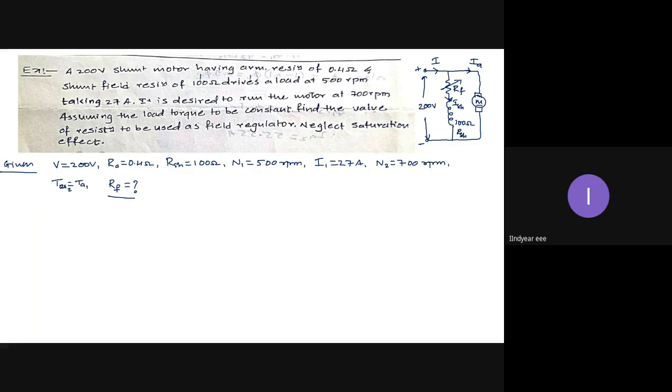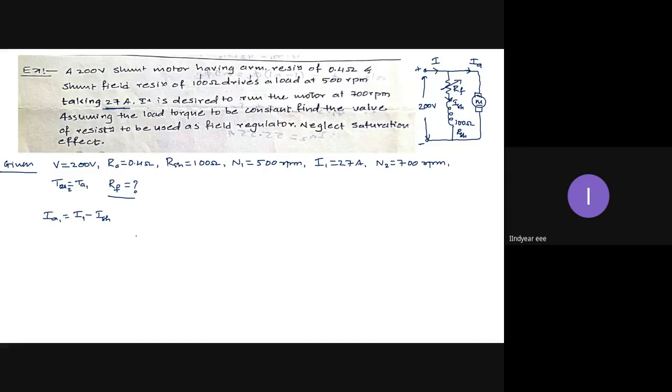Okay, so this current 27 amperes is the line current. You should not get confused. When taking 27 ampere, it means the entire motor with shunt field and armature is taking current of 27 amperes. So it is line current. Therefore IA1 is I1 minus ISH.